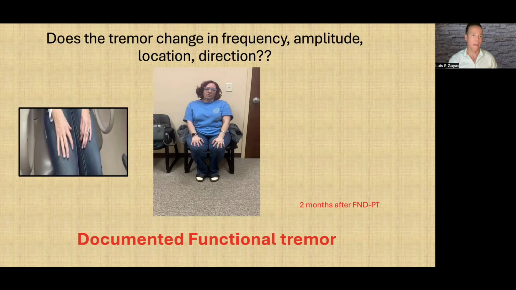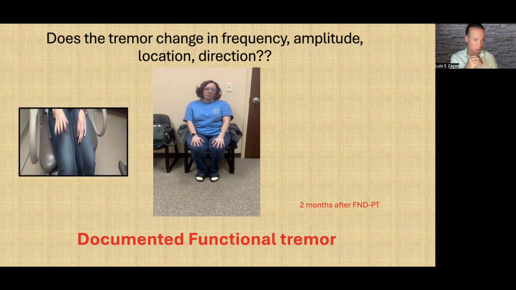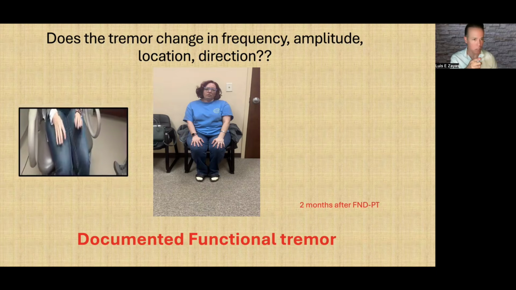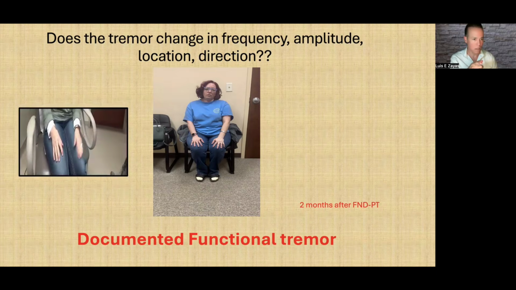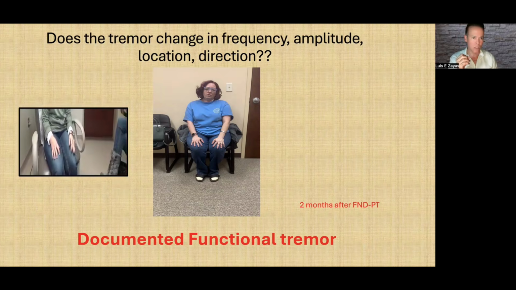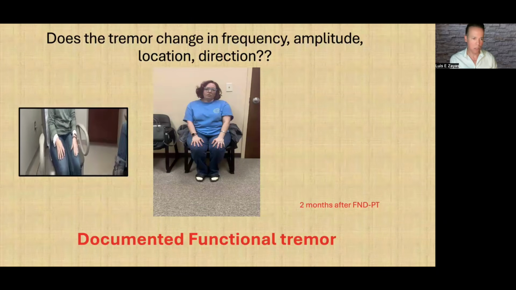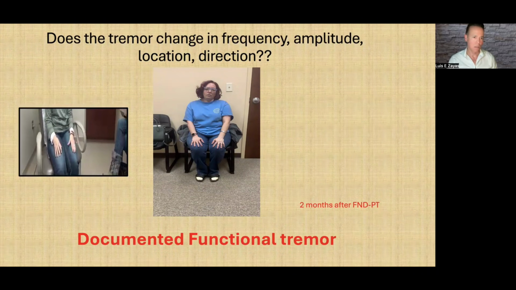Look at this tremor. You just let your tremor go, do whatever it wants. Look at what the doctor is telling her. You see, changing frequency, amplitude, and even location, and even direction. Okay, I want you to say for me, today is a sunny day in Omaha, Nebraska.